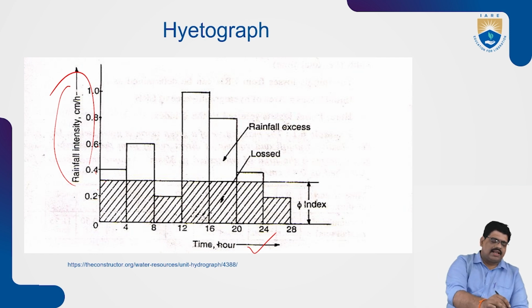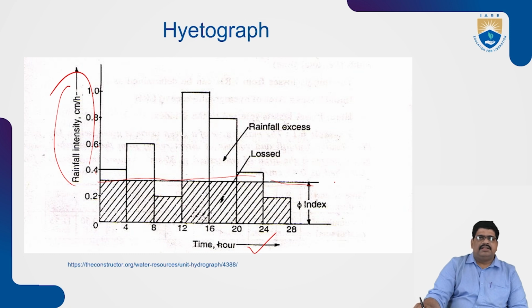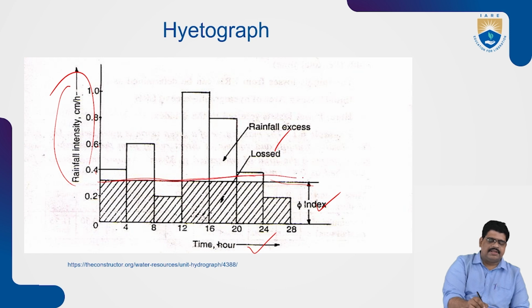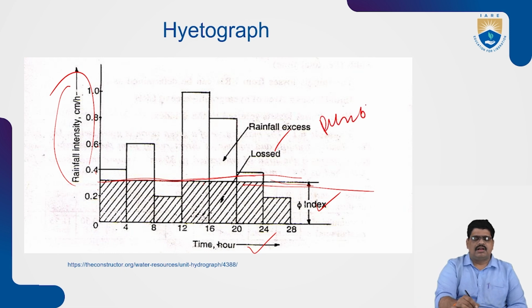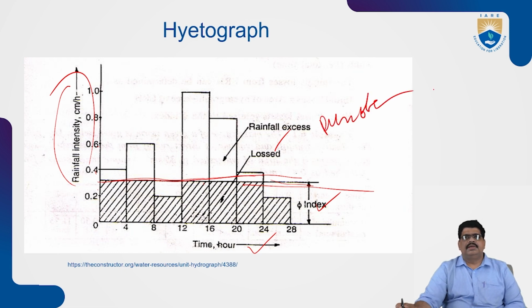This is the baseline of the rainfall, and the rainfall above the line is called rainfall excess, which is nothing but the runoff.